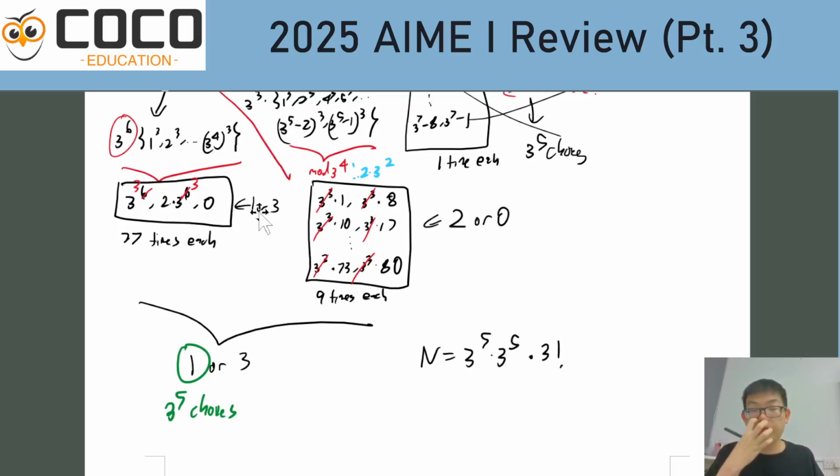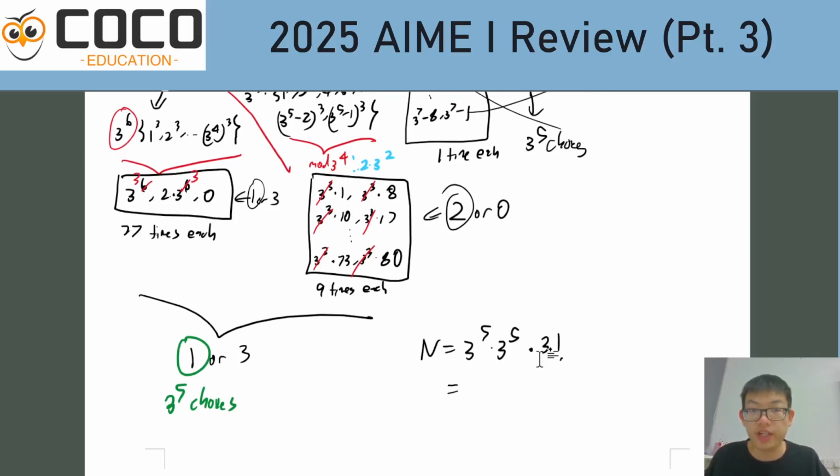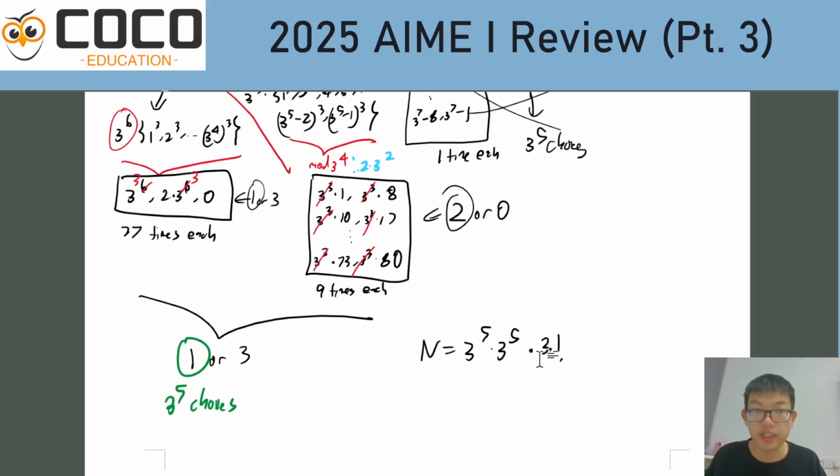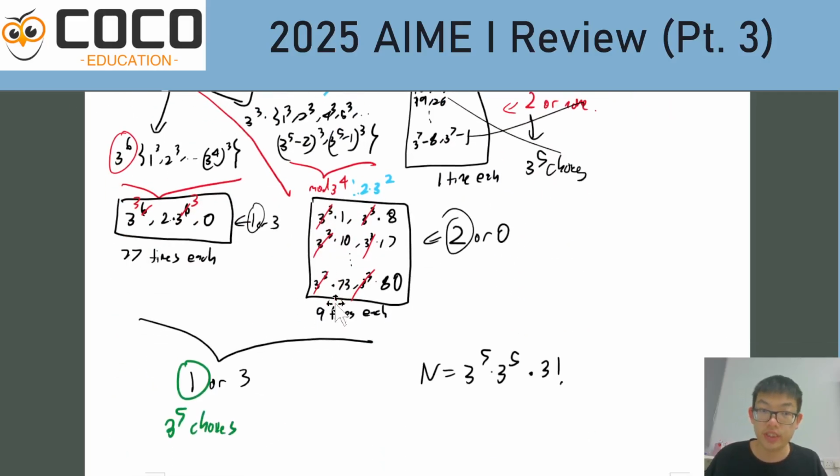If you repeat the same logic, you will again get, for this case, another instance of this 3 to the 5, 3 to the 5 times 3 factorial. Don't forget that you have now 9 times of each, so it's changed a little.